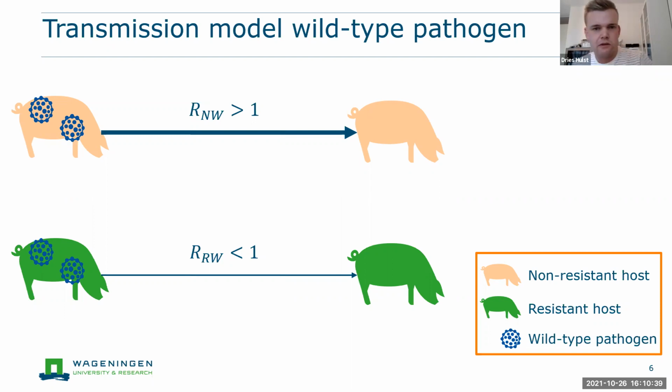I'll show in one of the next slides what happens if it's not below 1. But if the reproduction ratio is below 1, we make sure that the infection will die out after some time. So this is the first step. We now have a model with 2 types of hosts, but still only 1 pathogen type. So there are no mutants of the pathogen yet.